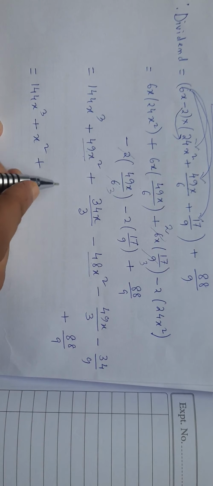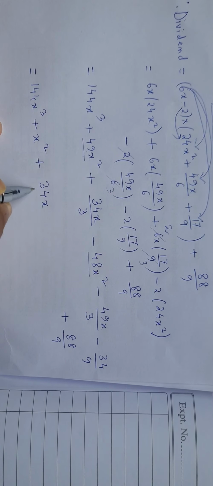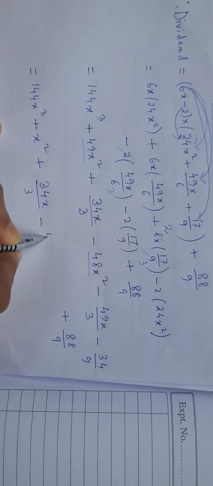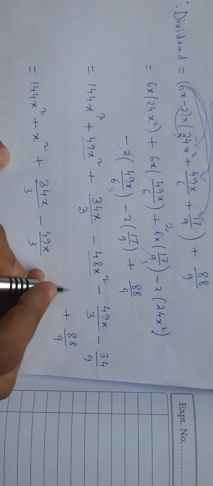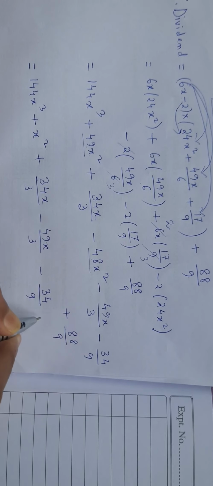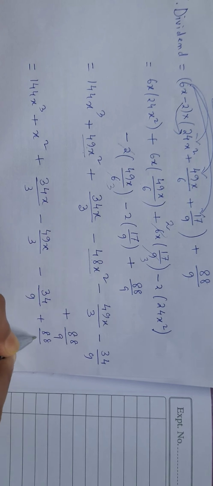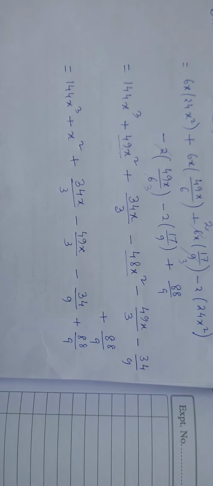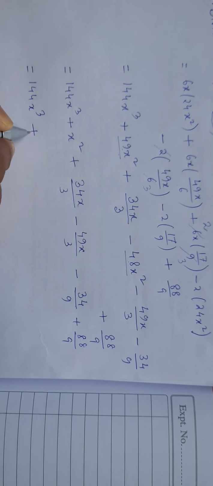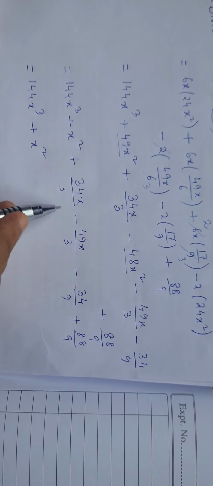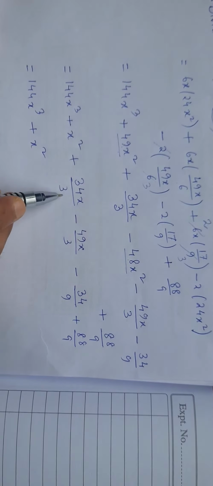So what we'll do, we can bring both the terms together. And now we are left with minus 34 by 9 plus 88 by 9, which equals 144x cube plus x square. Now here you will see, since the denominator is same, that means LCM will be 3 only.